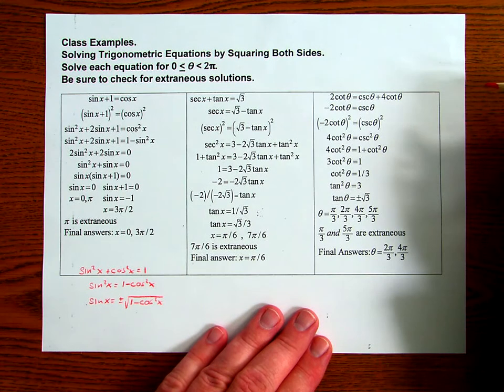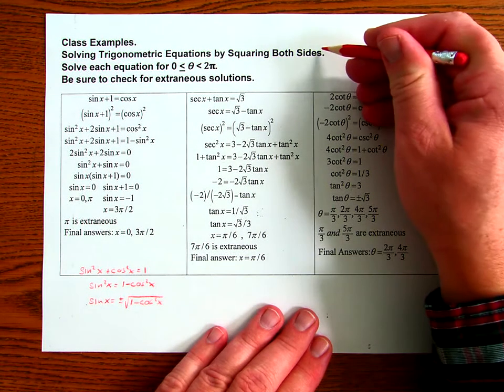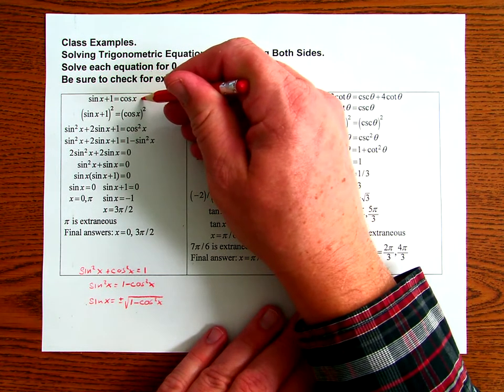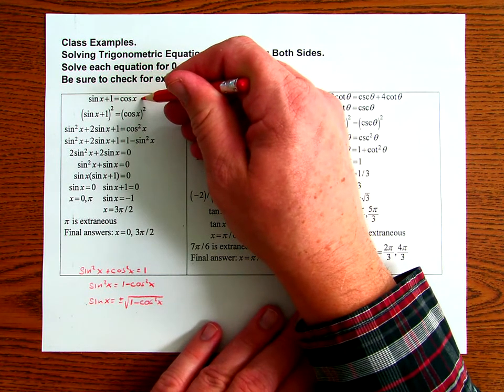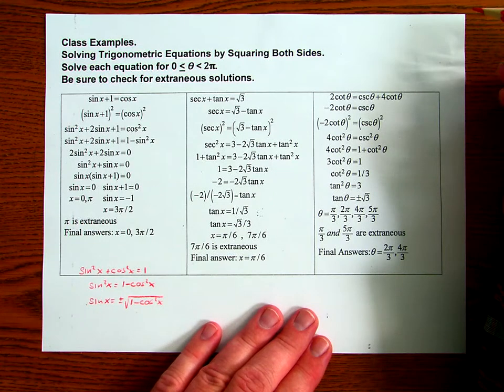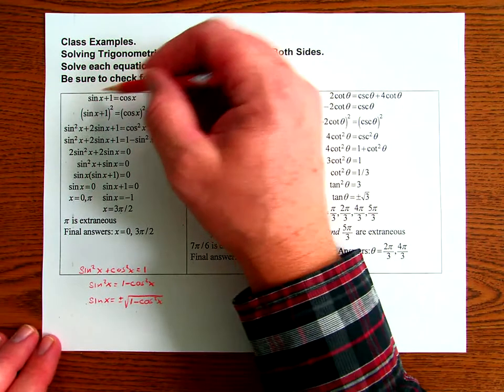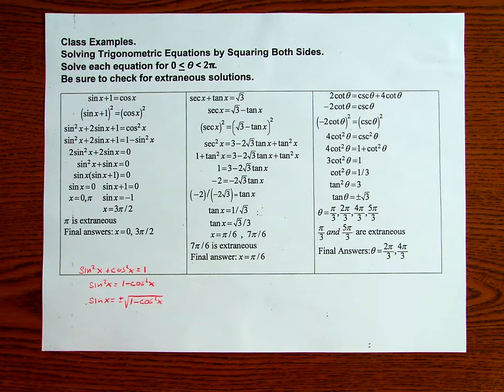So assuming that we don't have those instructions about squaring both sides, how do we realize that that's the best strategy for this particular equation? Running through the things that we talked about yesterday, this equation has sines and cosines mixed together. Two ways we dealt with that yesterday.